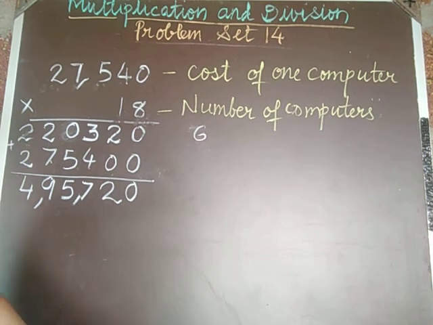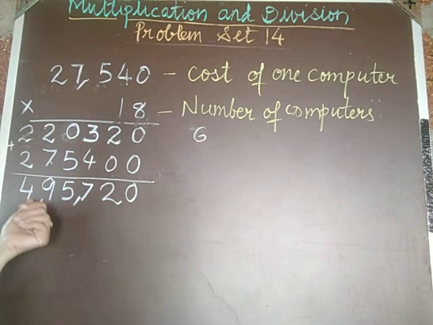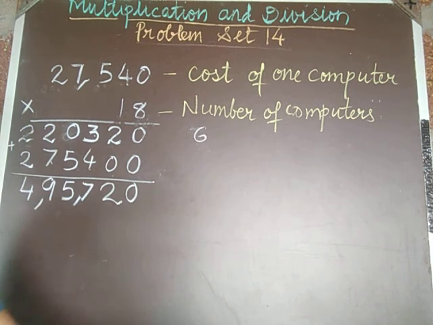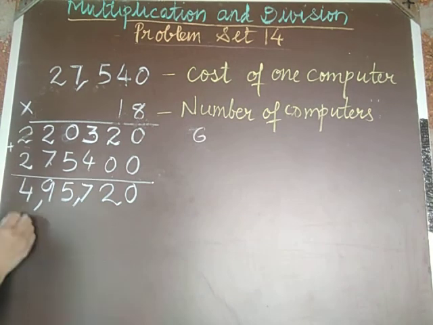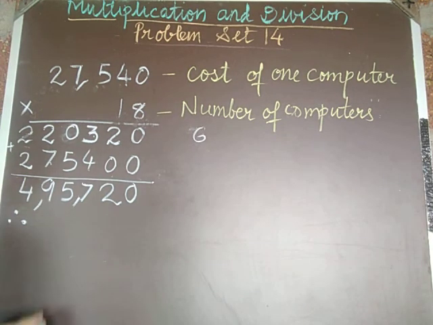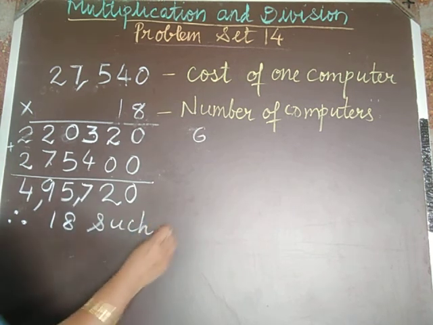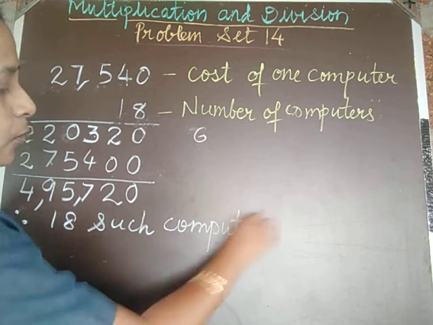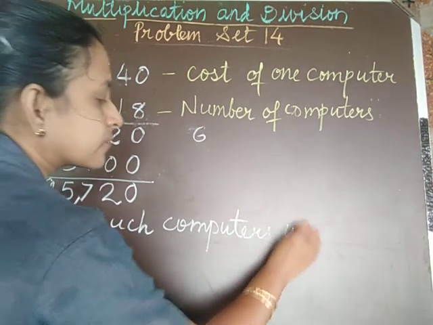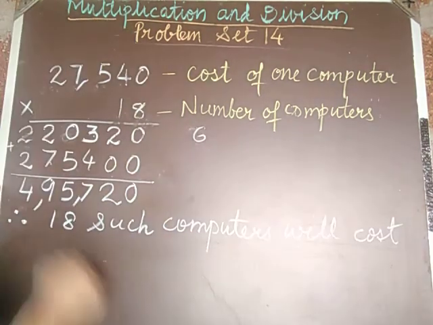So how much will 18 such computers cost? So what you will write? 18 such computers will cost rupees 4,95,720. Therefore, right here, therefore 18 such computers will cost how much?